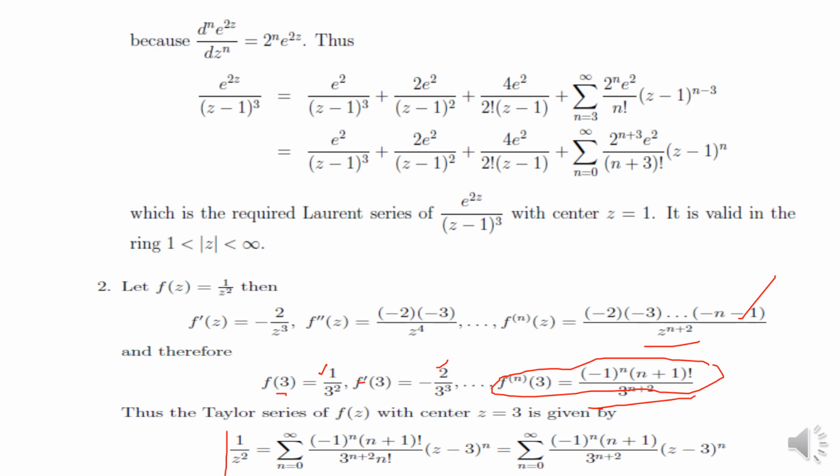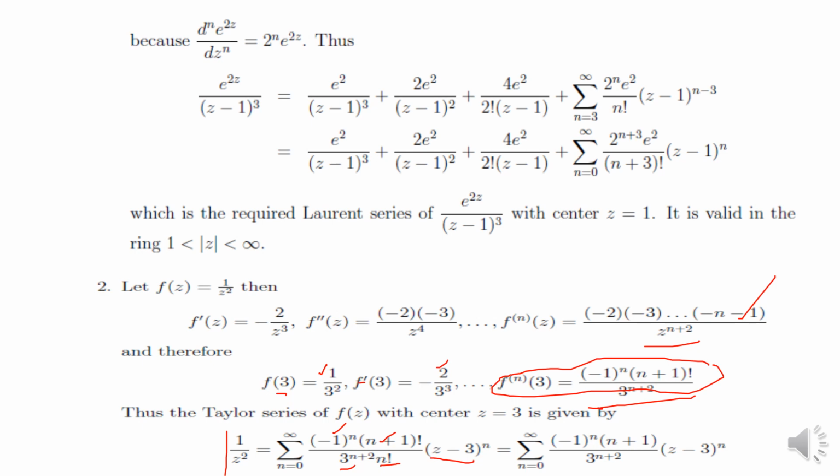N is 1 and n plus 2 is 3. So that way we have written here minus 1 to the power n, n plus 1 factorial, 3 to the power n plus 2, and this is due to Taylor series, factorial n, and this is (z minus 3) to the power n. This is due to Taylor series.